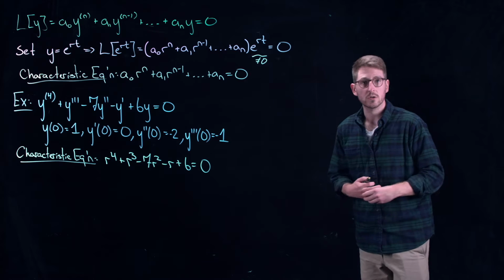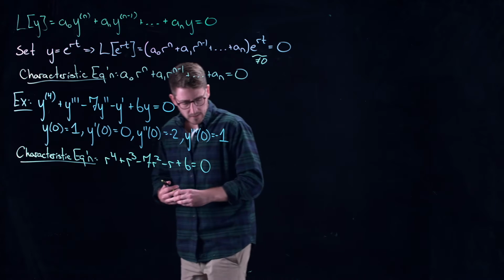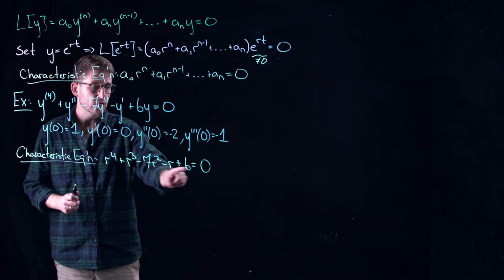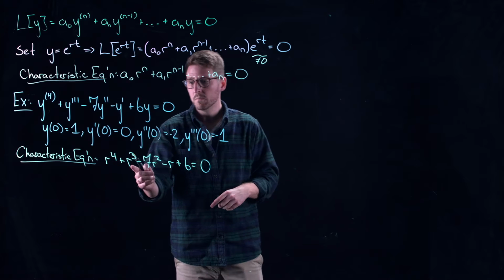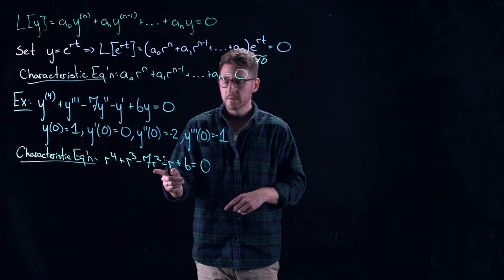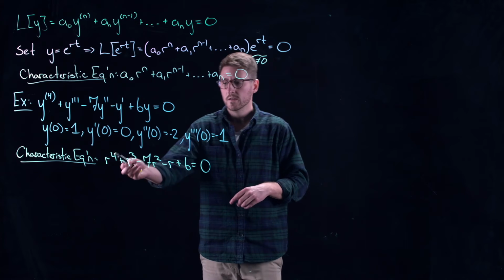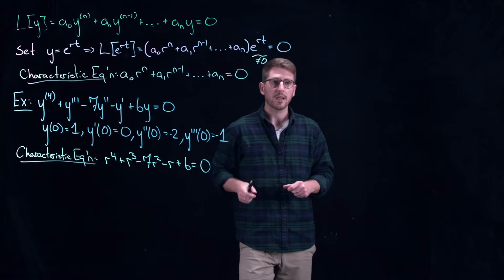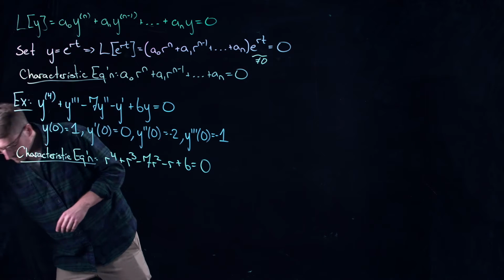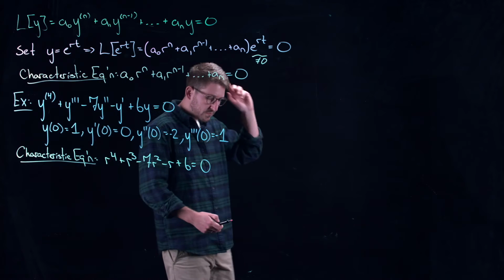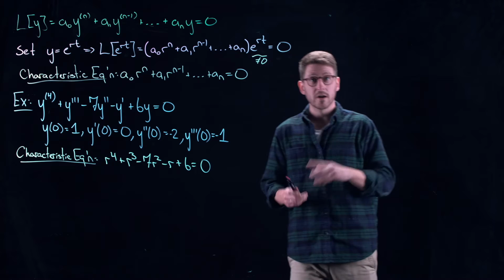Typically, you have to do a little bit of a guess and figure out what a potential root is. In this case, actually, r equal to 1 is a root. You get 1 to the 4 plus 1 to the 3 minus 7 times 1 minus 1 plus 6. So that's plus 8 minus 8. That's equal to 0.